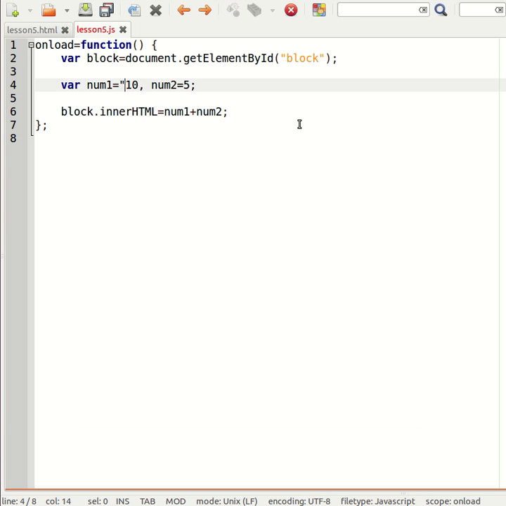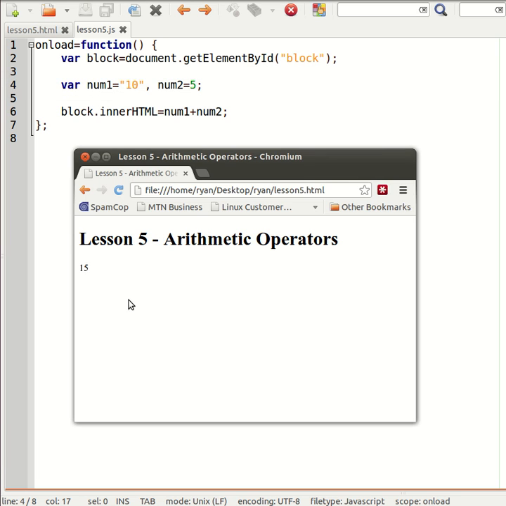If, however, we had quotes around one of these numbers, that would turn that integer into a string and give us a completely different answer. Now we'd end up with 105. So in this context, the plus is actually seeing a string and it's then concatenating the other value to that, resulting in another string.